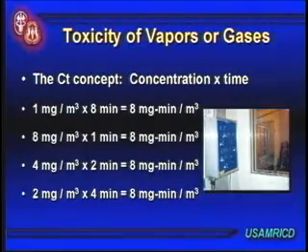The concentration of sarin in that box is 1 milligram per cubic meter. Suppose I now place my head inside the box and leave it there for 8 minutes. The exposure time is 8 minutes. The concentration is 1 milligram per cubic meter. The CT product is 8 milligram minutes per cubic meter.